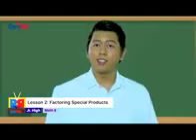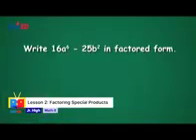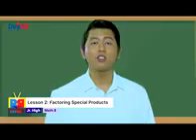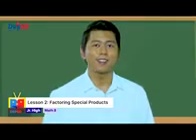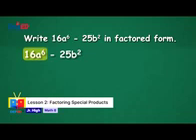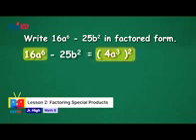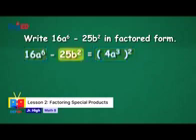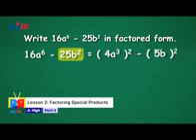How about this one? Write 16a raised to 6 minus 25b squared in factored form. We start with checking if each term is a perfect square. 16a raised to 6 is equal to the square of 4a cubed, while 25b squared is equal to the square of 5b.